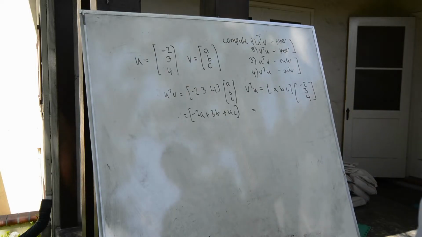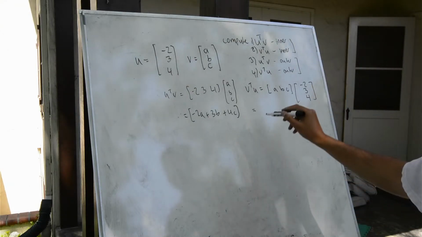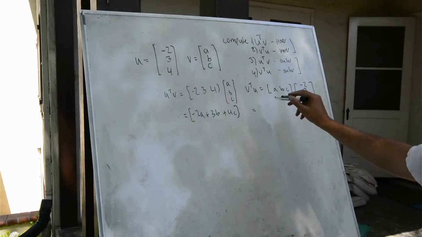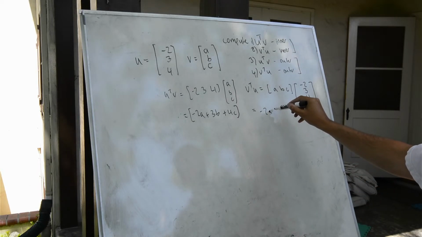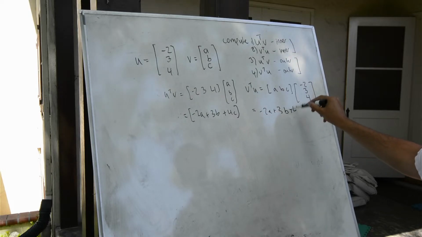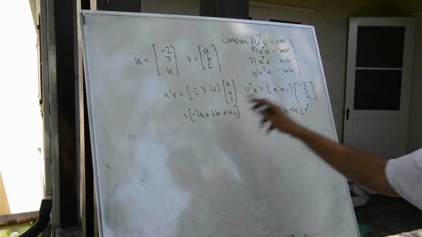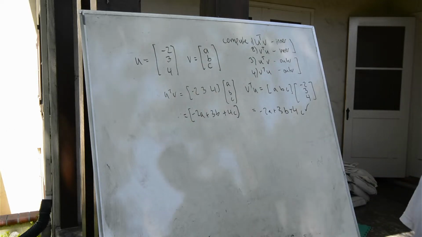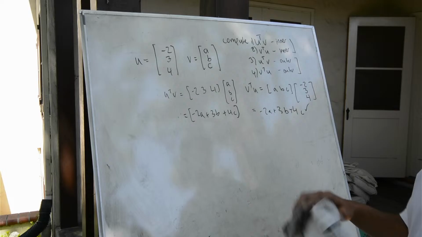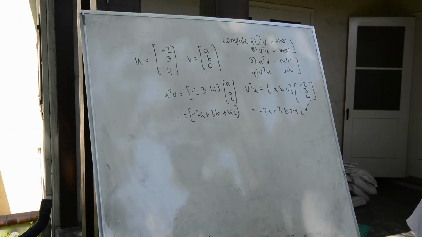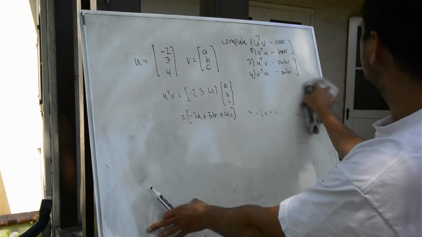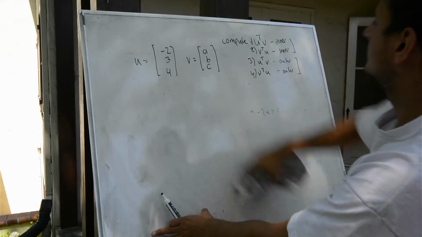This is going to be equal to -2A plus 3B plus 4C. All right, so we are correct. Those are equal. So for any two vectors, their inner product is commutative. I don't know if that's exactly the right way to say that, but they're equal.